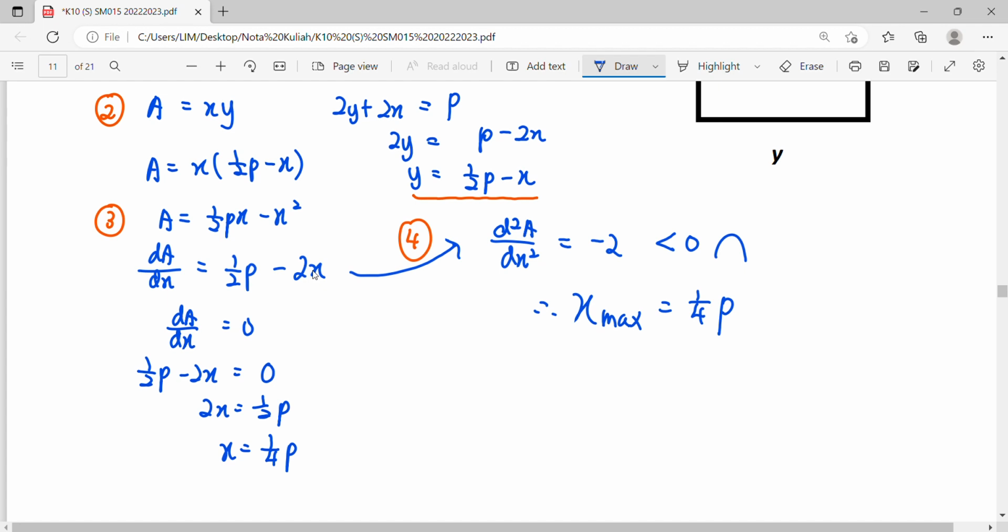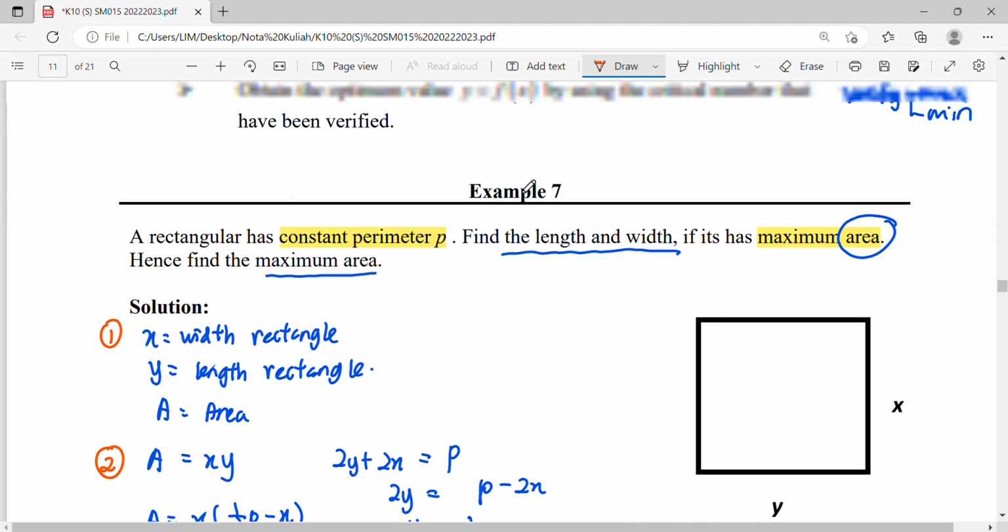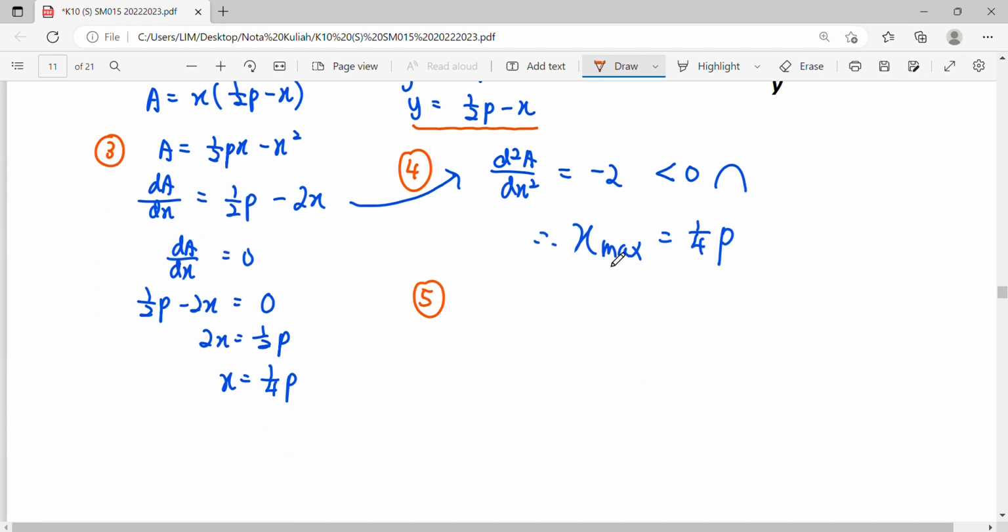After we verify this, lastly, we answer the question. Look at the question: what does it ask us to find? They ask for the length, the width, and the maximum area. We have the width already. What is the length? Length will be our y.